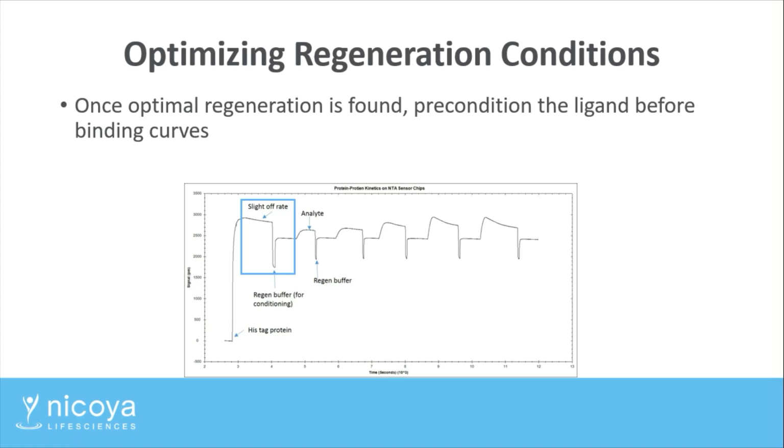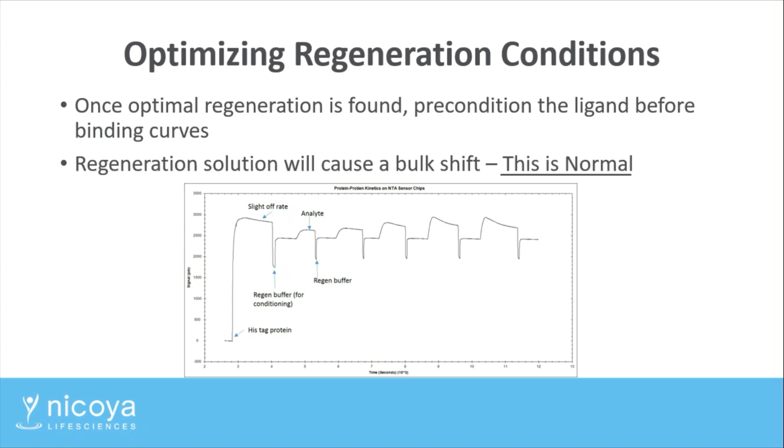This is stuff that probably wasn't captured via a histidine tag and was loosely interacting with the sensor surface. And after this, all of our subsequent analyte and regeneration steps return to the same baseline, suggesting that we have a highly consistent test. Now, one thing to note is that our regeneration solution is going to cause a bulk shift, as this solution will differ from your running buffer, which will cause that buffer mismatch. And this is completely normal.